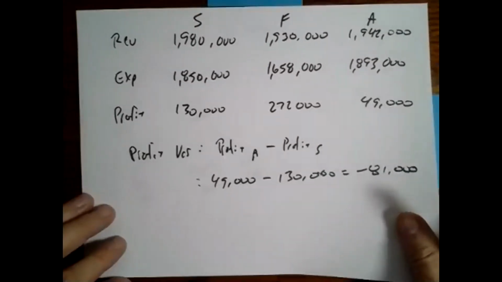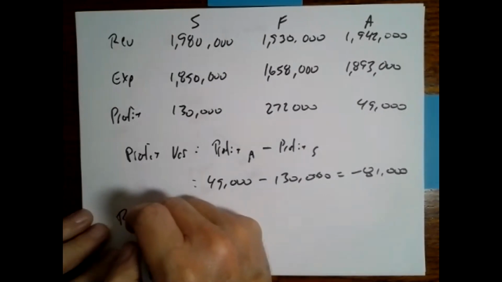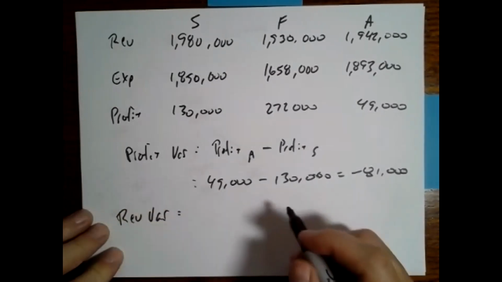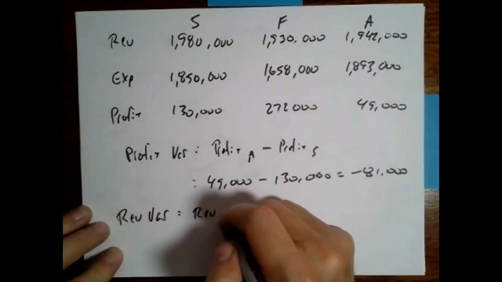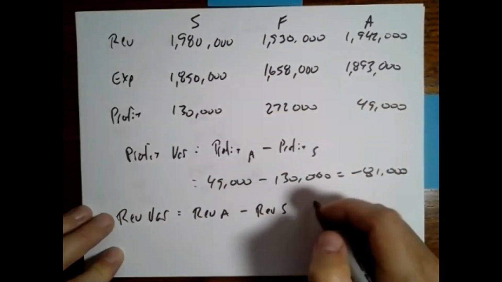Okay. Revenue variance is going to be revenue actual minus revenue static.